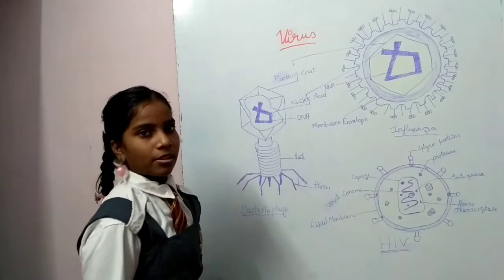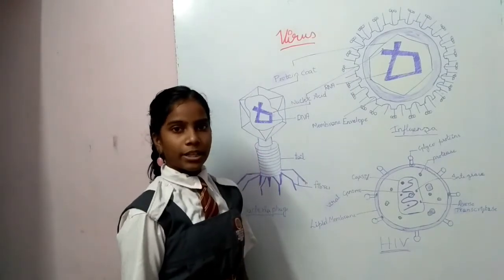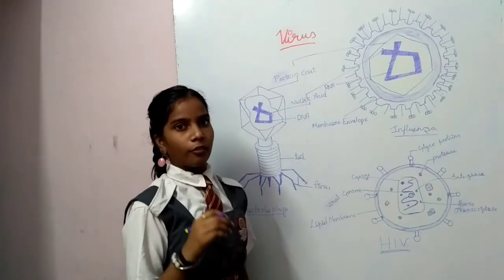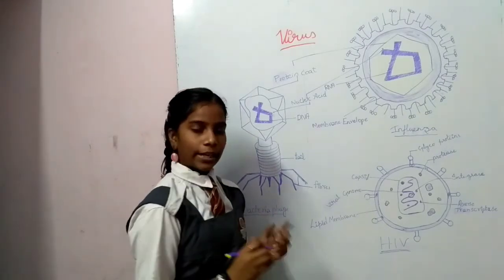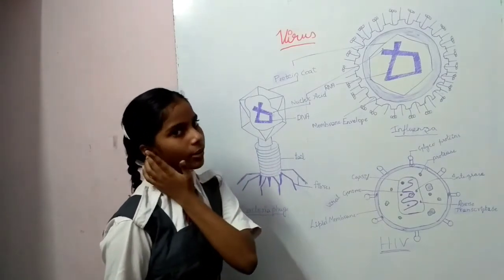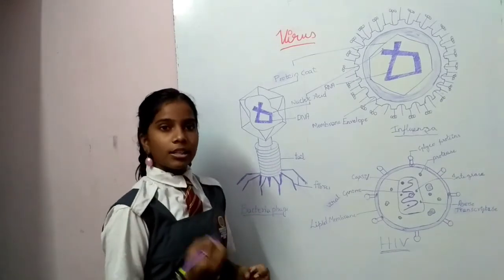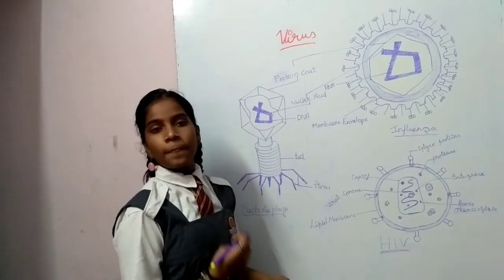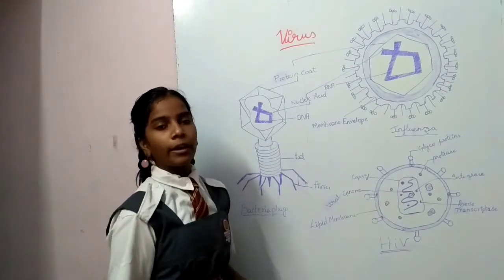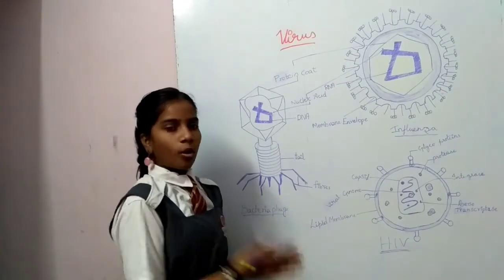So what is a virus? The virus cannot reproduce when it does not have a living body. To reproduce, it has to get a living body. Whenever it gets a living body, it increases and reproduces much longer. It increases its number and fights against the host cell.